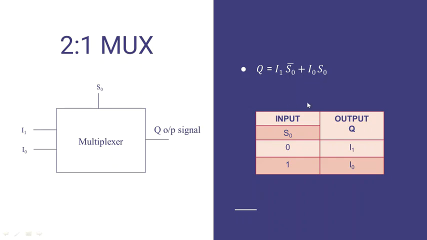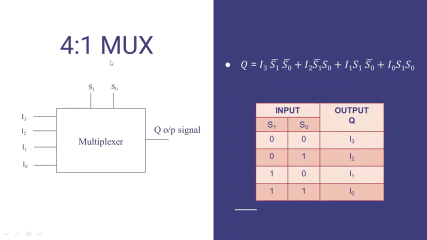Let's see a 4:1 multiplexer. 4 inputs and a single output. Log 4 to the base 2 is 2, so 2 select lines. We have the truth table here. We can write different combinations of the select lines 0 0, 0 1, 1 0, 1 1, and these are their outputs correspondingly.